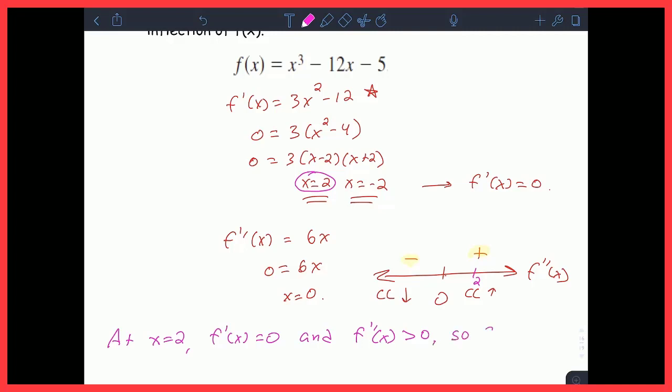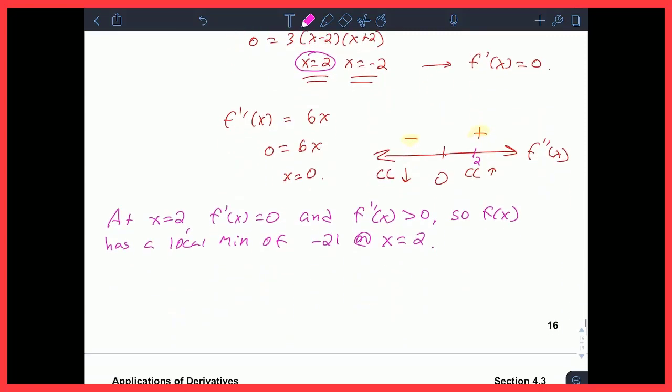So f of x has a local minimum of negative 21 at x equals 2. And that's by the second derivative test. So the second derivative test uses the zeros of the first derivative, and then of course you have your concavity. That tells you if it's a max or a min.